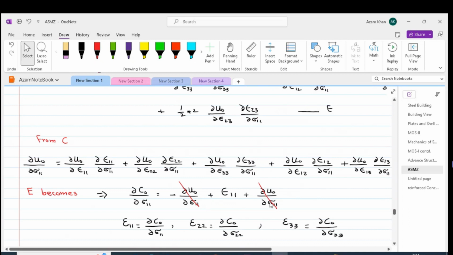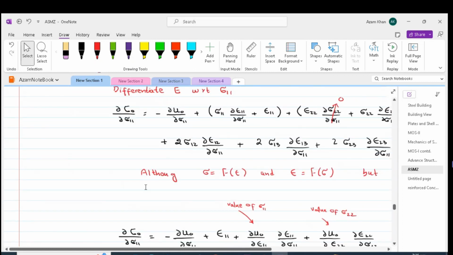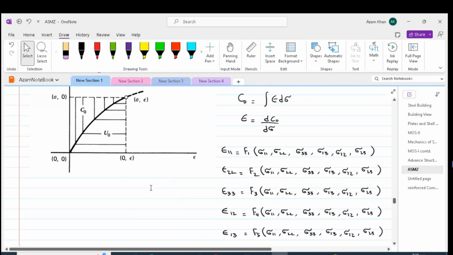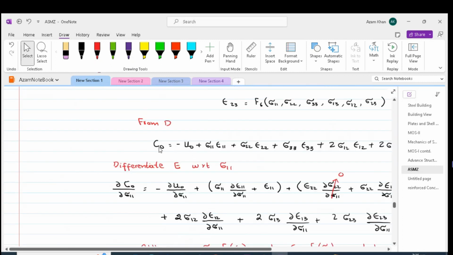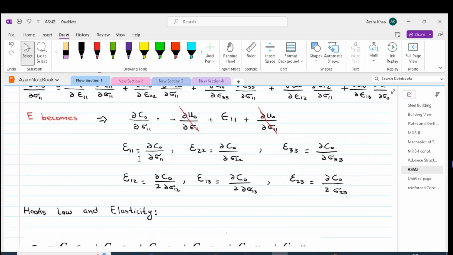This partial u naught by partial sigma 11 gets cancelled with this negative partial u naught by partial sigma 11, and in the end we are left with epsilon 11 equal to partial c naught by partial sigma 11. We can repeat the same exercise by differentiating the expression of complementary strain energy density with respect to sigma 22, sigma 33 and other variables, and get the strain components in terms of complementary strain energy densities.